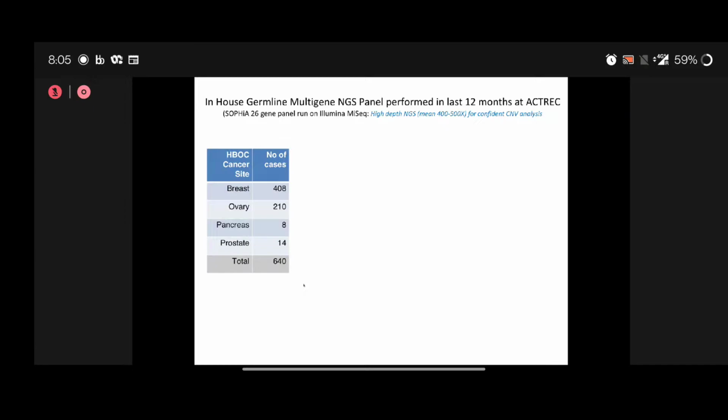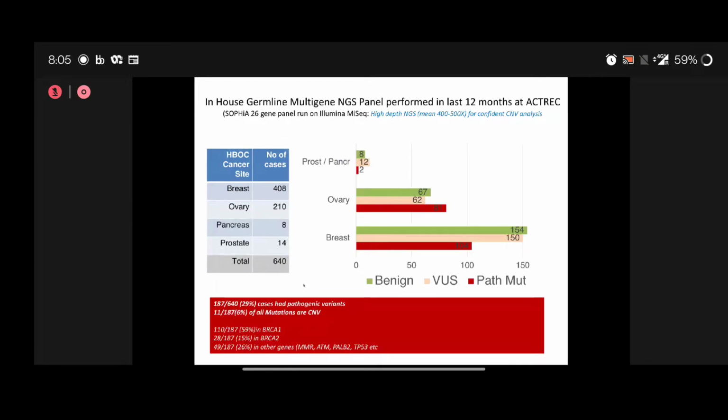I'm only showing the HBOC cases. We had close to 640 HBOC cases in whom we did the whole gene, 26-gene panel. You can see that in breast cancer about 29%, and in ovarian cancer close to 40% of cases had a pathogenic mutation.